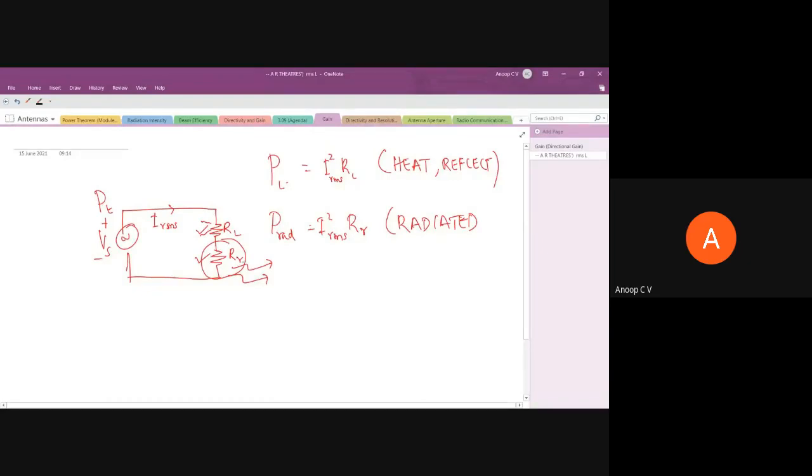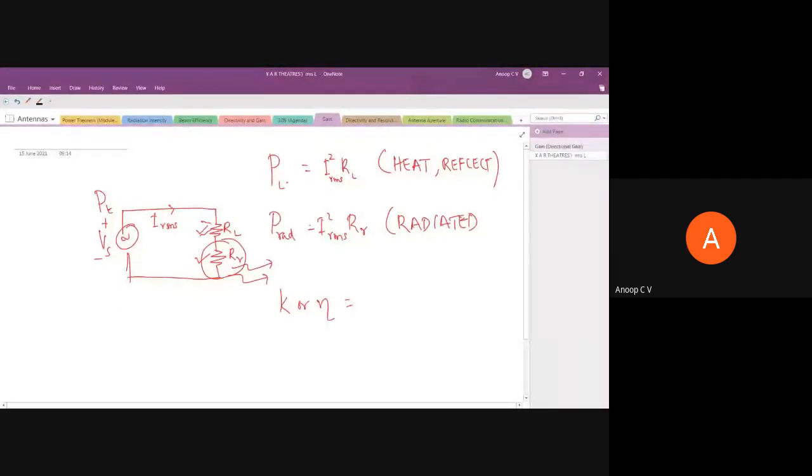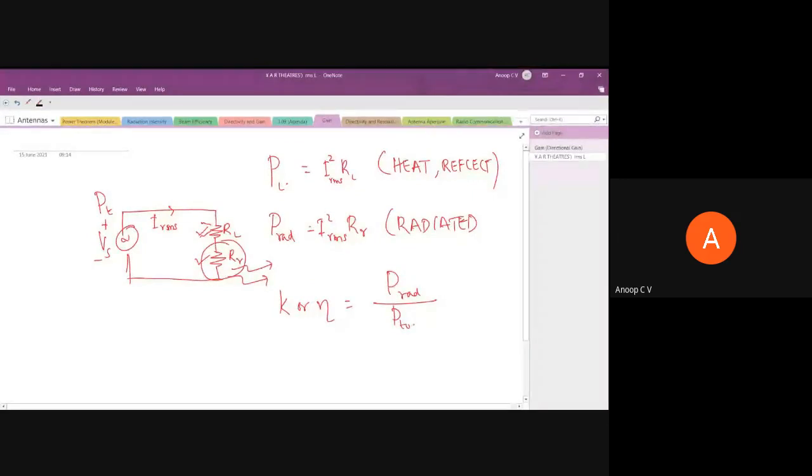So I can write antenna efficiency K or eta. Our textbook uses the symbol K, or eta. It is total power radiated divided by total power delivered to an antenna.